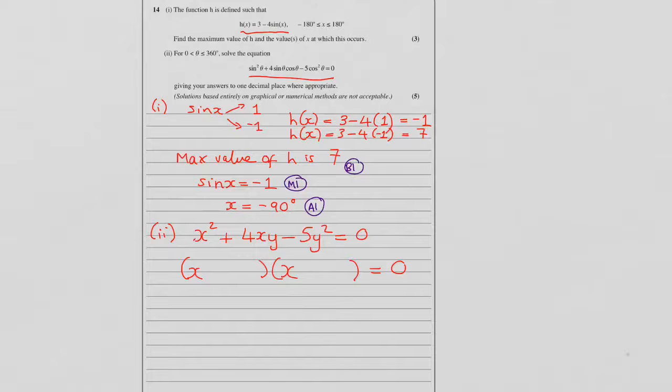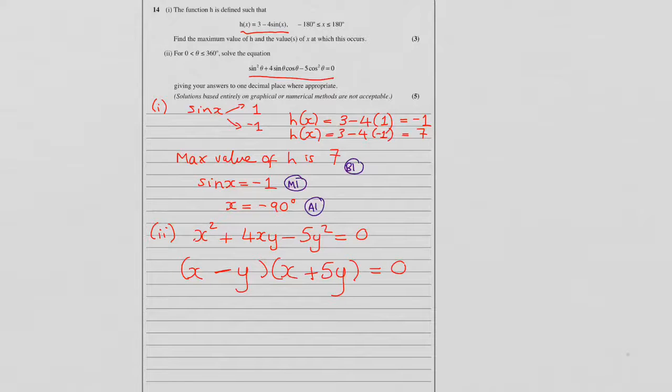And then somehow I have to make 5y squared. So here and here I'm going to have a 5y and a y. And I've got to make a 5 from 2 numbers that also add to give a 4. So I'm going to have -1 here and +5 here.